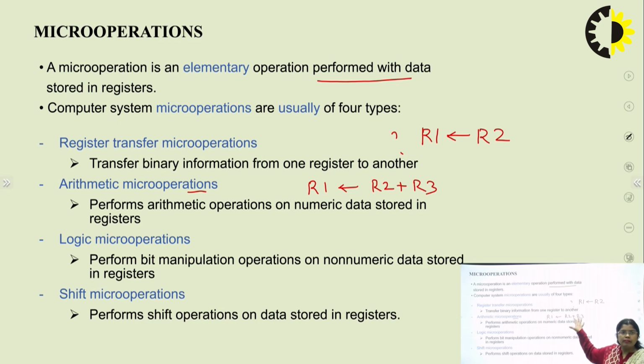In this example, the content of R2 and the content of R3 will be added, and that result goes into R1.